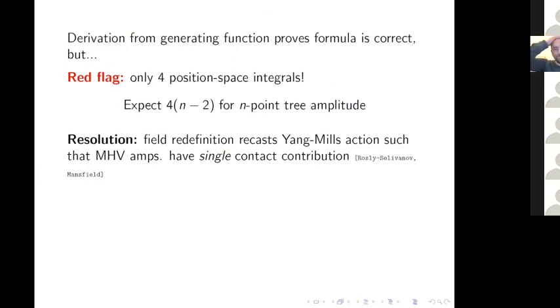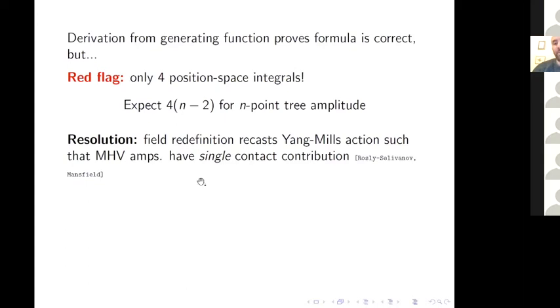This gets back to a comment that Arkady had a few minutes ago, which was that you can do a non-local field redefinition of the Yang-Mills action that recasts it in a way that all MHV amplitudes come from a single contact contribution. That's work by Rosly and Selivanov and also by Paul Mansfield. In some sense, that's the explanation for the simplicity here.